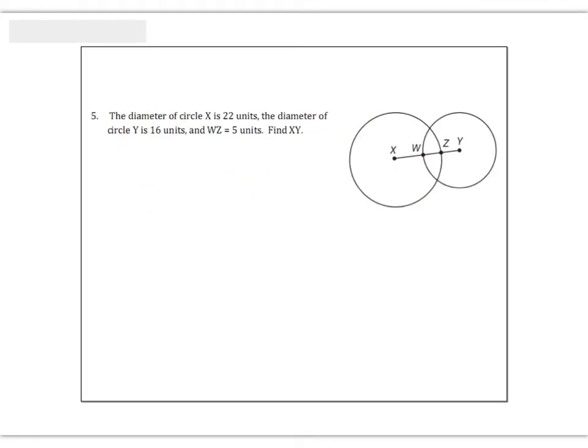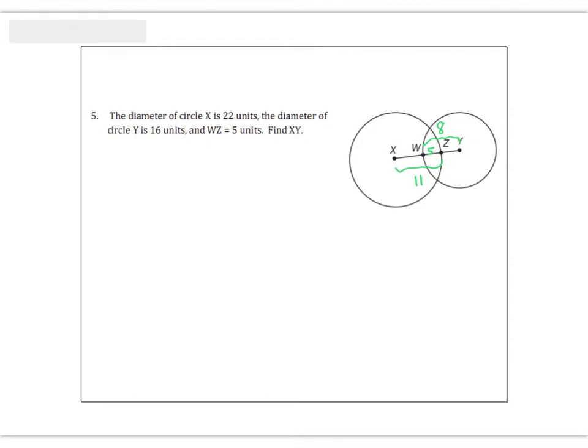Let's try another one. The diameter of circle X is 22. So all the way across circle X is 22, which means halfway across is 11. The diameter of circle Y is 16, which means halfway across is 8. From W to Z is 5, so we'll put a little 5 in there, and we want to find XY.